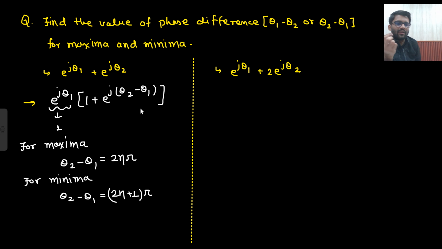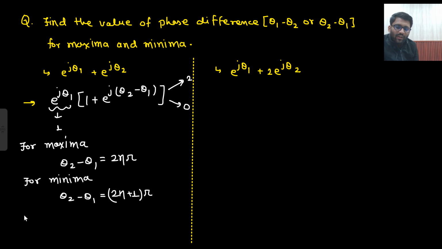I hope you remember this thing, because if you put 2n pi, that means it will be cos 0. Cos 0 is 1. So 1 plus 1, 2. What will be the maximum value? 2. And what is the minimum value of e to the power j theta? That is minus 1. So if you put (2n plus 1) pi, cos pi is minus 1. 1 minus 1, 0. So this is the condition for minima.